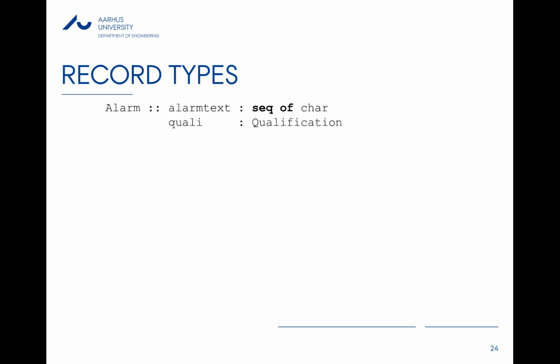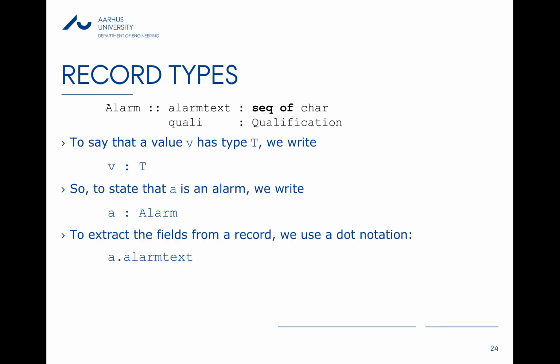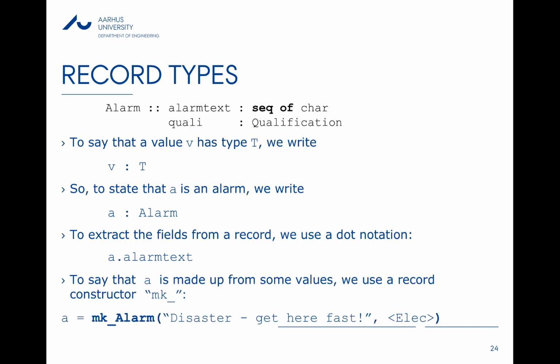Now, a record type like this alarm means that we have a value of this type T, so we can write V:T. So if we want to state that A is an alarm, we write A:Alarm. And in order to extract the fields from a record, we would use the selector alarm text. We use a dot notation, so A.alarmtext would give us the alarm text.